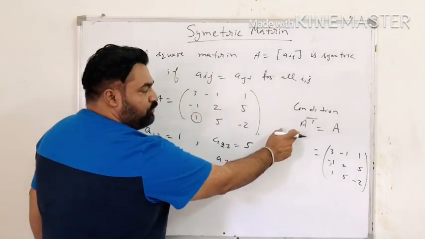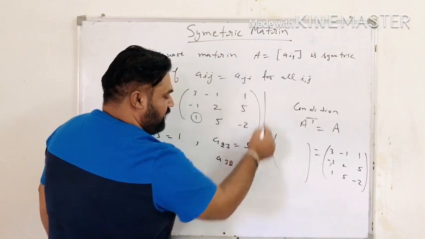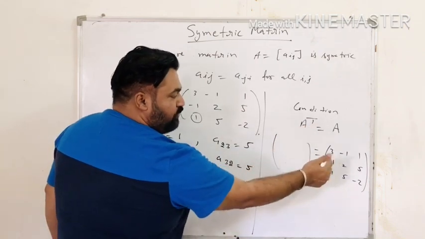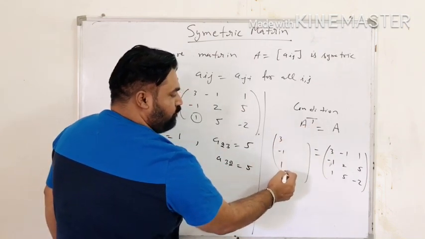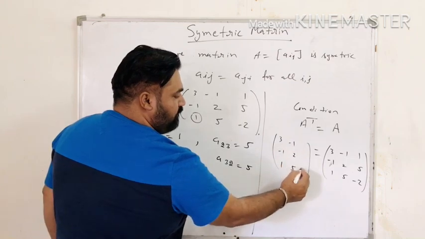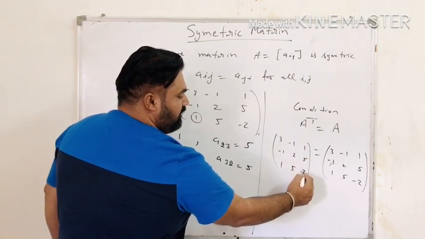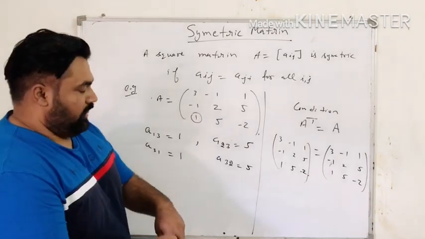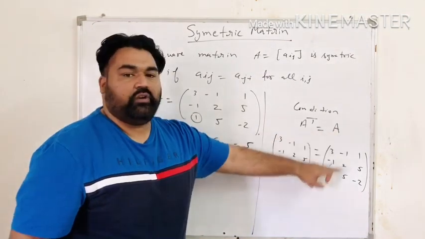Now what is A transpose? Transpose is changing of rows into columns. So it is again [3, -1, 1; -1, 2, 5; 1, 5, -2]. So A transpose equals A.